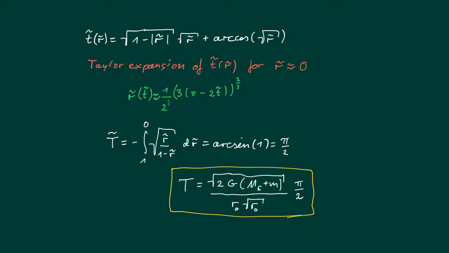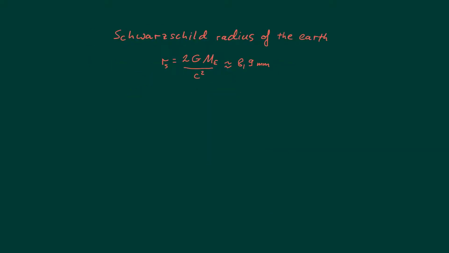Then it can happen that we squeeze it down below a very critical radius, and this is the Schwarzschild radius. For our Earth, the Schwarzschild radius is about 9 millimeters. Our classical picture breaks down, and we have to do the calculation with the math derived for the curved space-time.